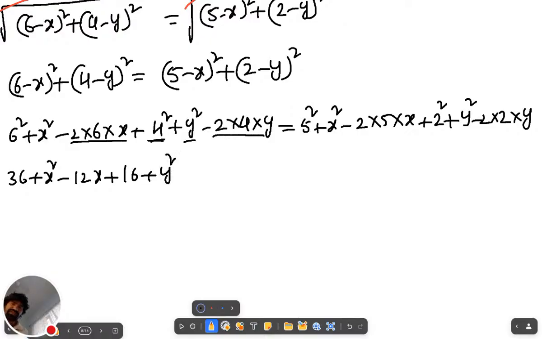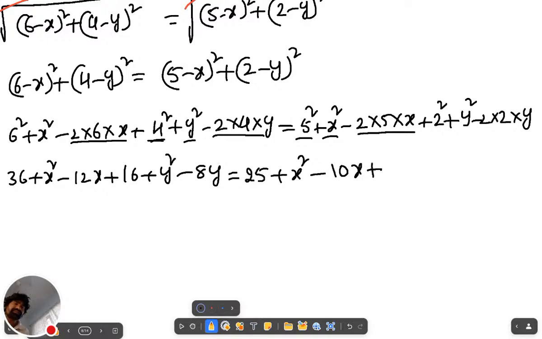Next, minus 2 into 4 into y, minus 8y. Right side, 5 square is 25 plus x square as it is. Next, minus 2 into 5 into x, minus 10x. Next, 2 square is 4, y square is y square, minus 2 into y, minus 4y. So what do we get?